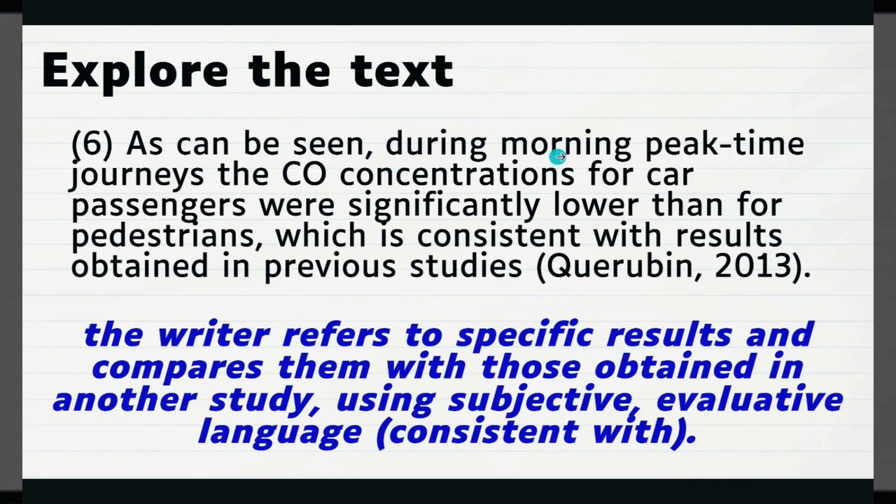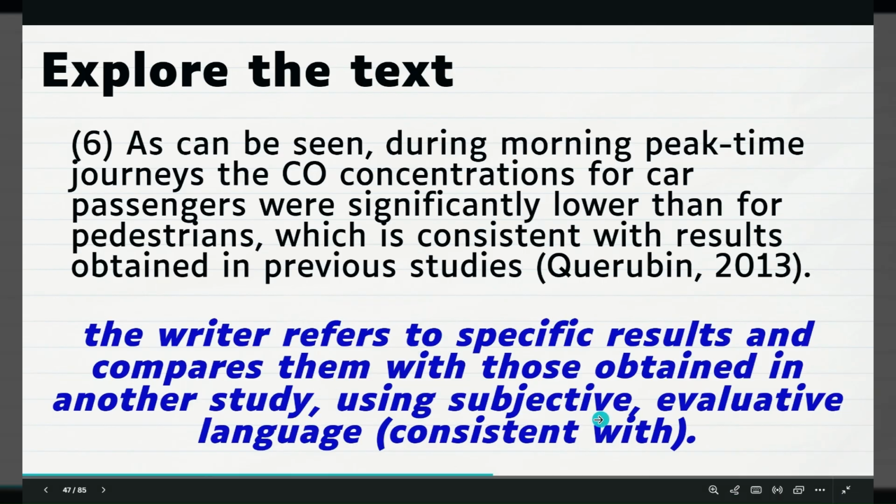It says "during morning peak time journeys, the carbon monoxide concentrations for car passengers were significantly lower." So, the time frame indicates a specific result. The mention of "significantly lower" as a description is providing a subjective and evaluative language.